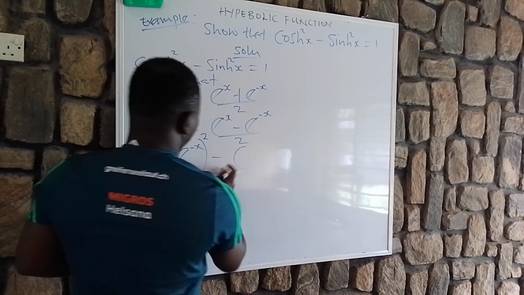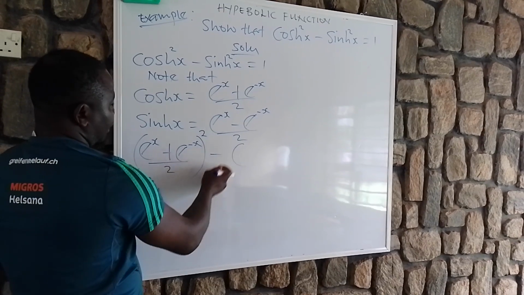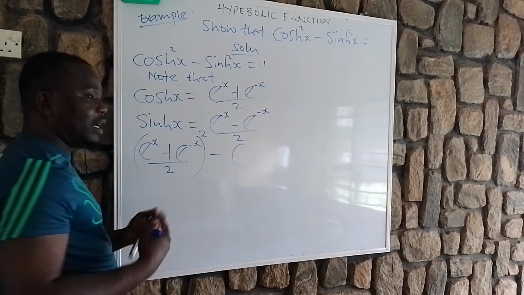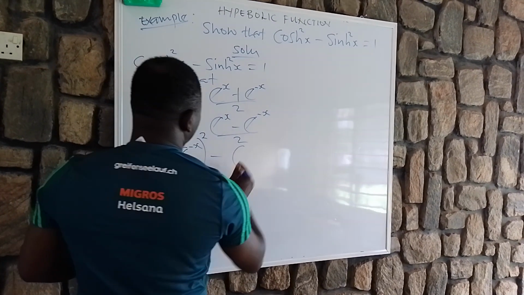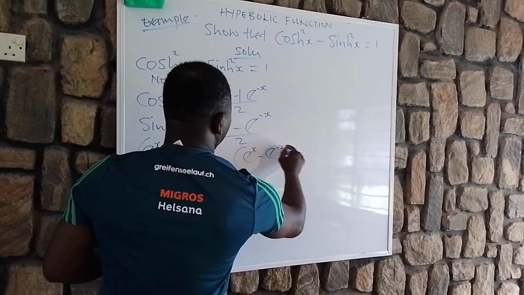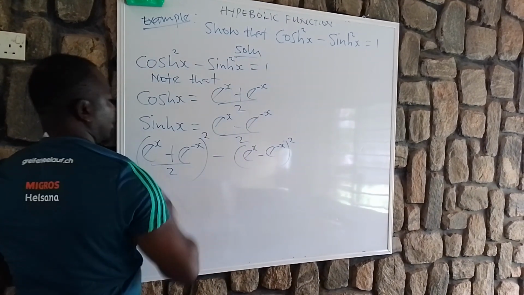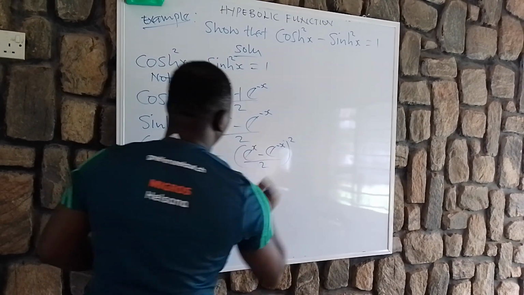So put brackets because of this negative sign. If you don't put the brackets, you will not arrive at the answer. So bracket it, exponential x minus exponential minus x, and make sure you square it because here it is squared, all over 2.